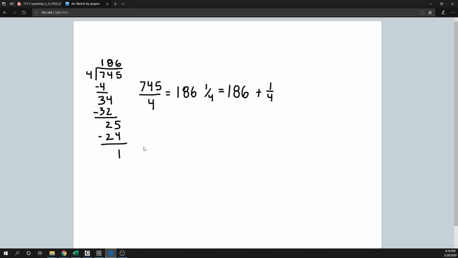The reason why I went over this is that this algorithm, the steps I take to carry out this division with regular old integers, is essentially the same set of steps that I am going to use to do polynomial long division. You can think of the steps you go through as D, M, S, B, R. That's divide: when you ask, how many times does 4 go into 7 without going over?